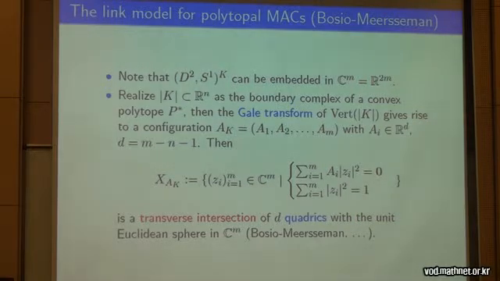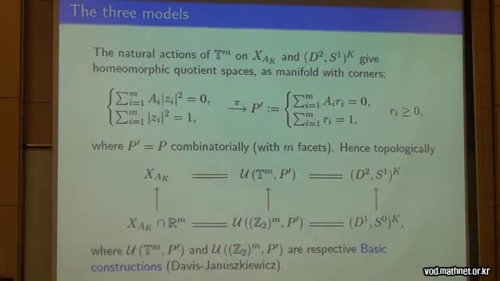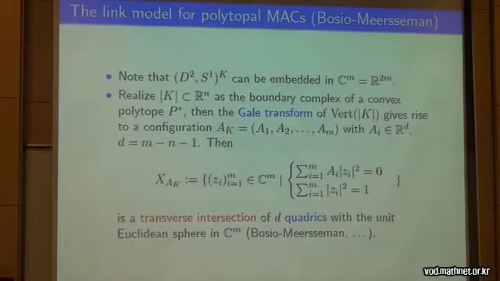Okay, so let's look at another description of the polytopal moment-angle complex, that is, when K is induced from a convex polytope. Of course, this was introduced by Bosio and Meersseman and other experts. A quick way to see this is that we can embed the realization of K in some Euclidean space, take the vertex vectors, and then do the Gale transform on these vertices.